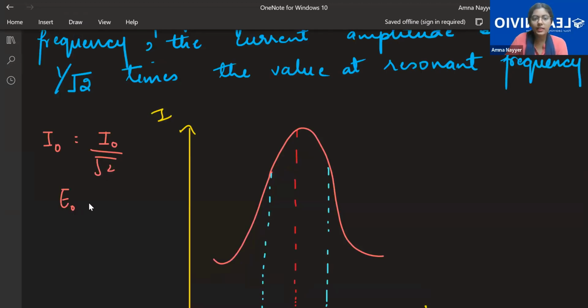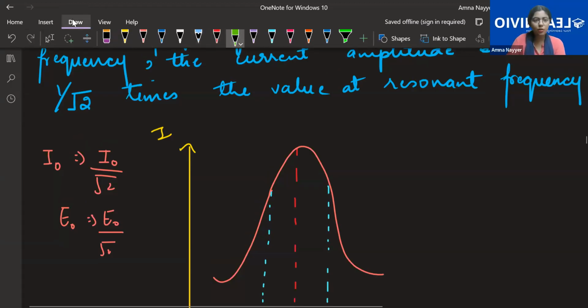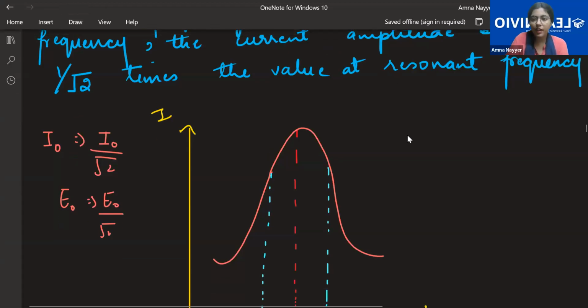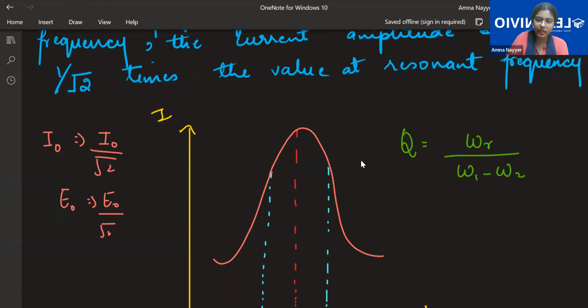Similarly, the maximum value of EMF becomes E naught by root 2 in this case, when the resonance is achieved. So basically, the quality factor Q is equal to the resonant frequency divided by omega 1 minus omega 2. That's it. In easy terms, you remember this.